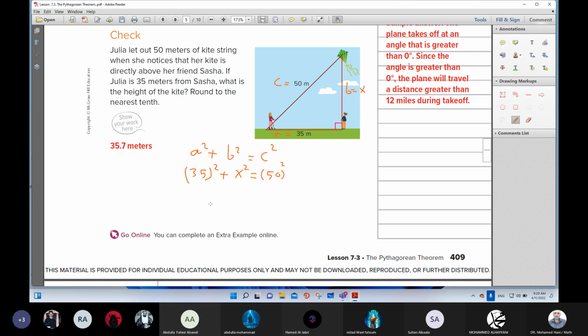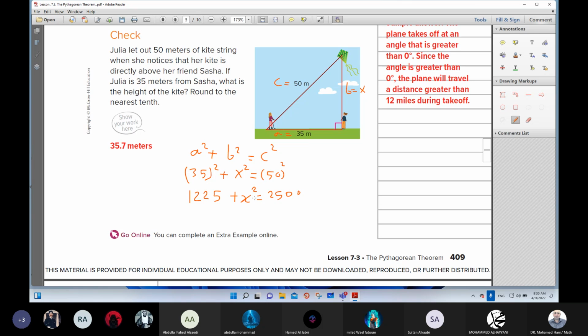So 35 squared means 35 times 35 will be 1,225, plus X squared equals 50 squared means 50 times 50 will be 2,500. Now we have the equation.